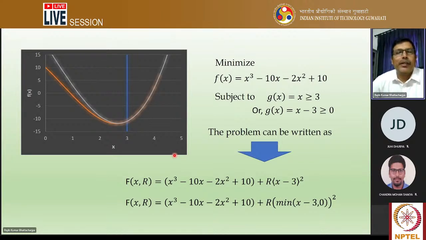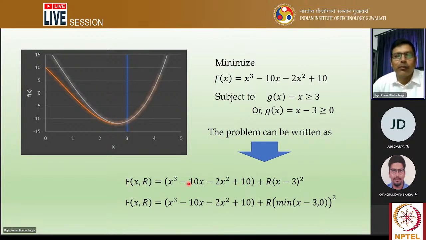Now let us see the penalty parameter approach that I have discussed. This is a constrained optimization problem. It is a minimization problem, and there is a constraint that x is greater than or equal to 3. I discussed that I can convert this problem to an unconstrained problem using a penalty parameter.